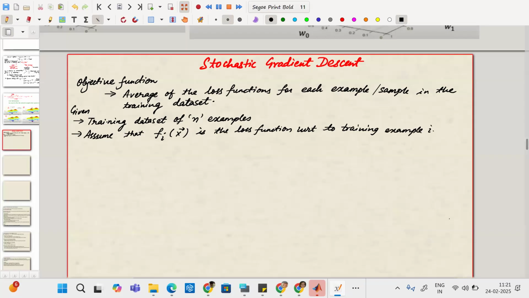So for training example i, for the ith sample, you have the loss function f_i.